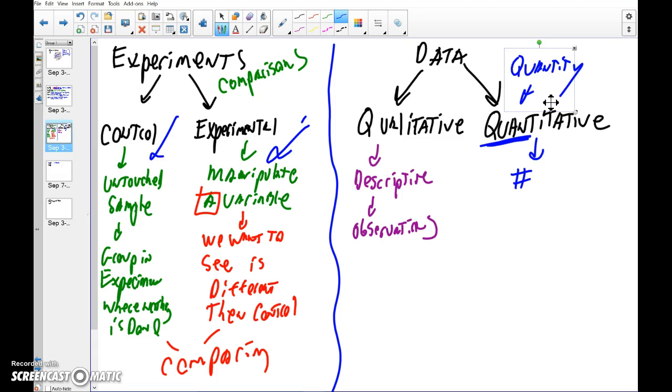How many centimeters did the plant grow? How many milliliters of liquid do I now have? How many milliliters of liquid did I lose? How many chimpanzees are colored red? How many chimpanzees are colored brown? How many times did the big chimpanzee beat up the little one? Quantitative data is always numbers, all right?